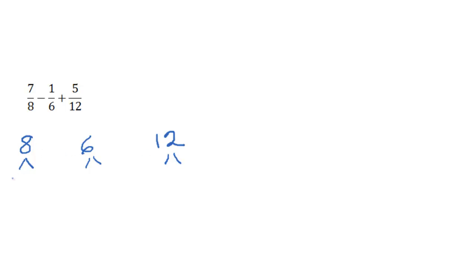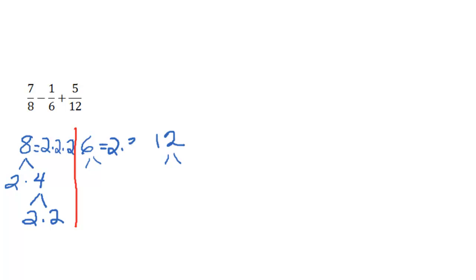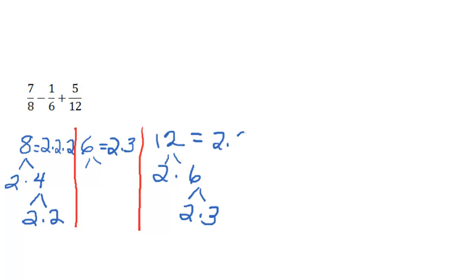So 8 is 2 times 4, and 4 is 2 times 2. So 8 is 2 times 2 times 2. 6 is 2 times 3. 12 is 2 times 6, and we know 6 is 2 times 3, so 12 is 2 times 2 times 3.